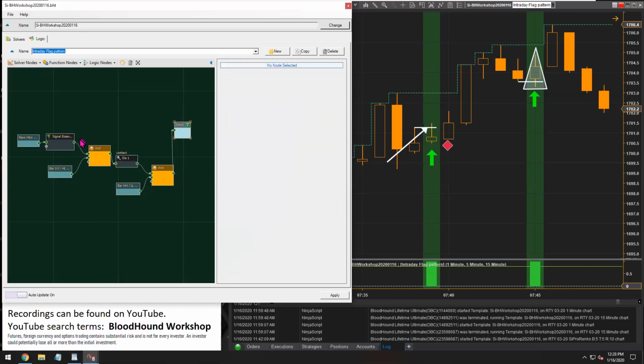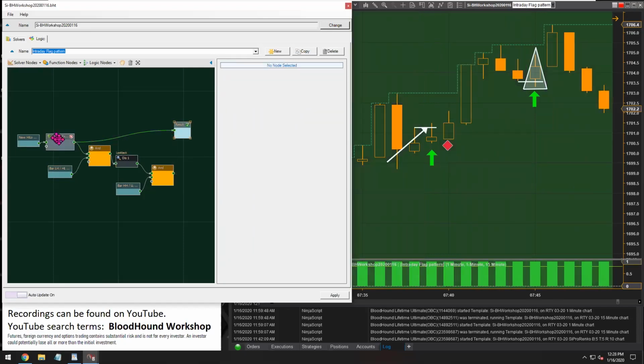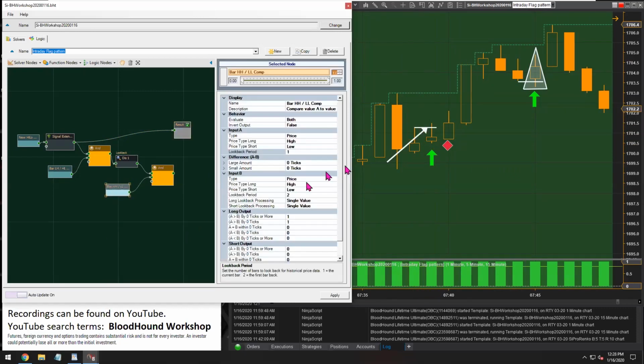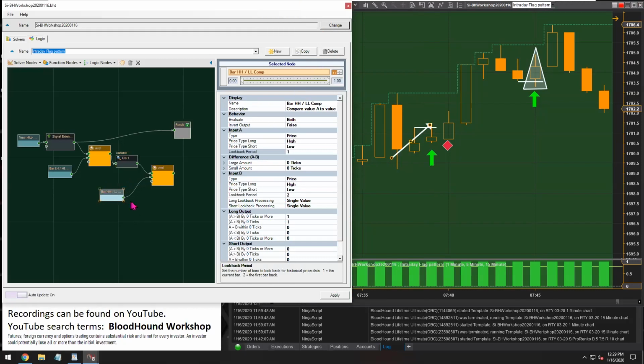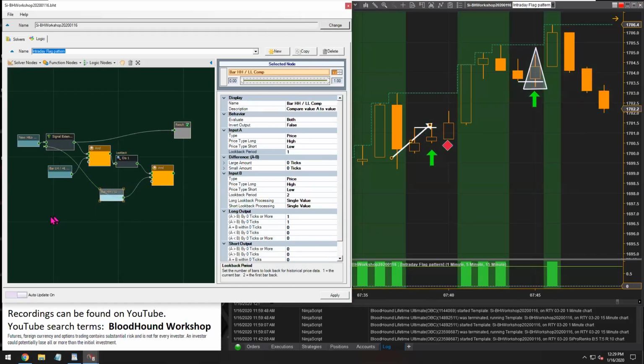Remember earlier I said I wanted to reset our signal extender, right? We have our signal extender here. I wanted to reset that. So what I'm going to do is when the highs step higher, I'm going to use that condition of the highs going higher. That's going to be my condition to reset the signal extender. So I should just be able to take this solver and connect it back into the reset there.